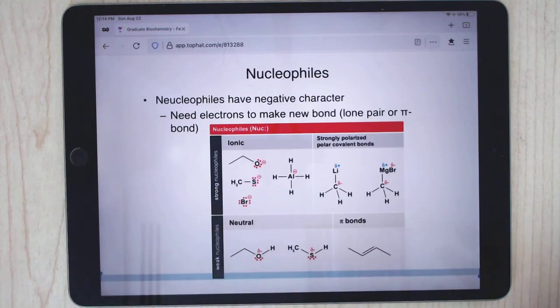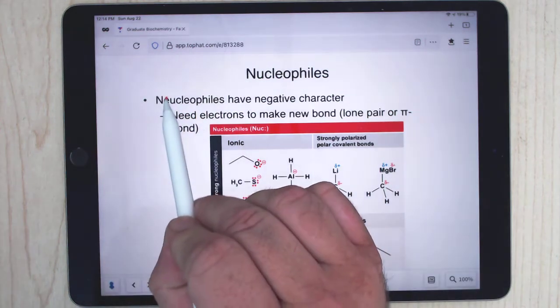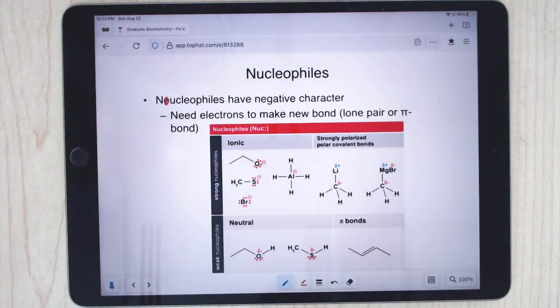Now, remember, nucleophiles are going to have negative character to them. Typically they're going to have negative charges, although they could have a partial negative. They don't necessarily have to be fully negative, they just have to have negative character.